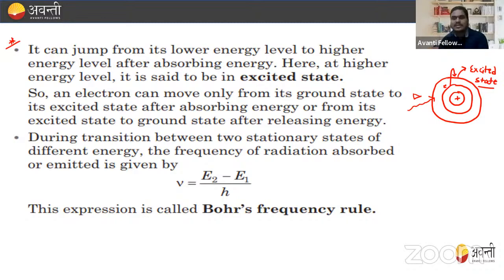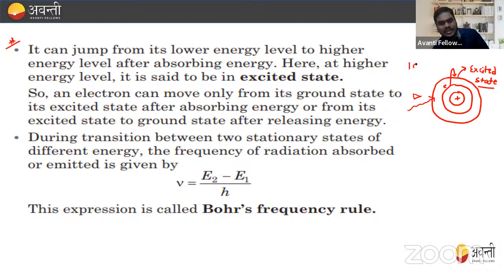So what do we mean by this term excited state, beta? Excited state means when we give energy to the electron, which is present in the lower energy level, it gets excited and goes to the next energy level, right? And this state is the excited state. And the time for which the electron stays in this state is very, very less.